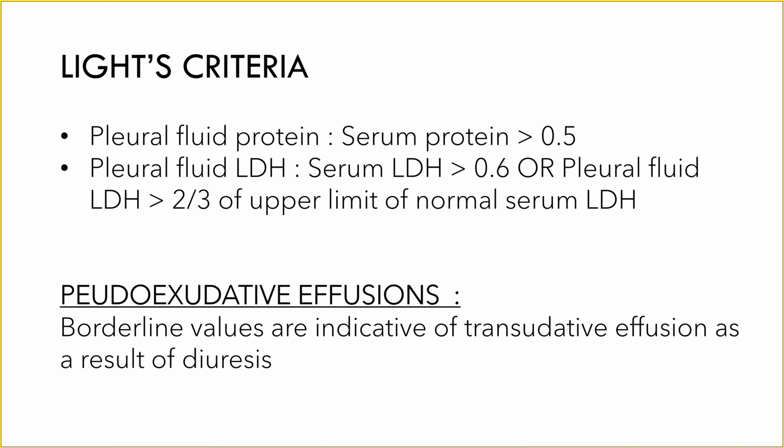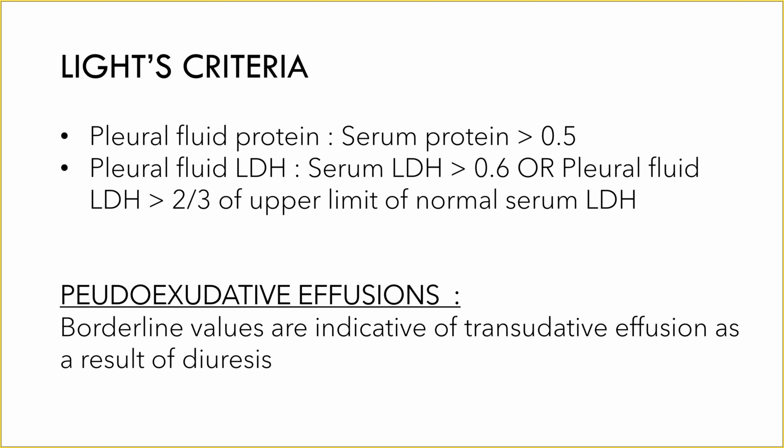However, another thing to be aware of is that if the value comes just around 0.5 or 0.6, then it might be that the patient has a transudative pleural effusion.